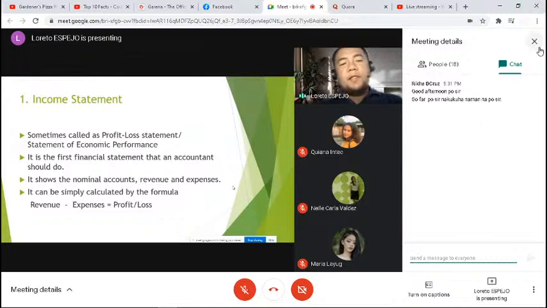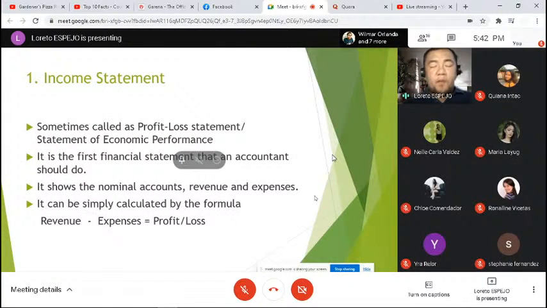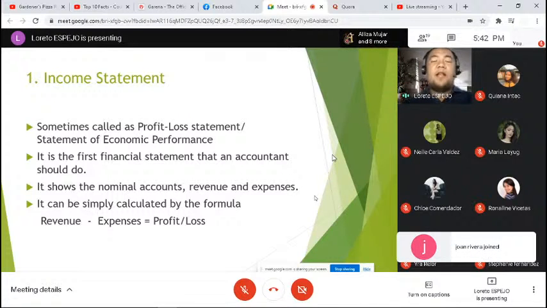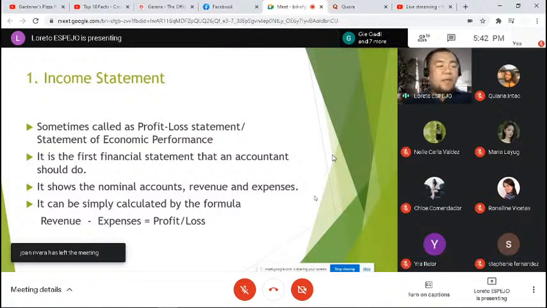So it can be simply calculated by the formula: revenue less expenses equals profit or loss. Bakit po profit or loss? It's because you get a net profit when your revenue exceeds your expenses, when your revenue is greater than your expenses. You incur a loss when your expenses are greater than your revenue.